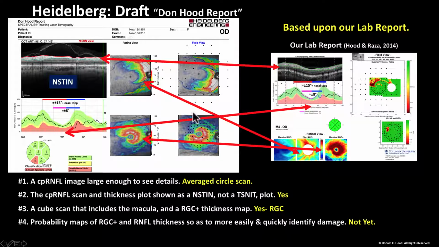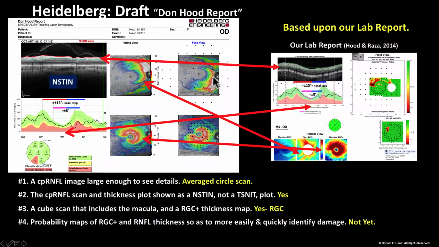We don't have probability plots yet to put here. We will eventually. The initial release, which should be sometime soon, will not have probability maps, but ultimately after FDA approval, these here will be probability maps.